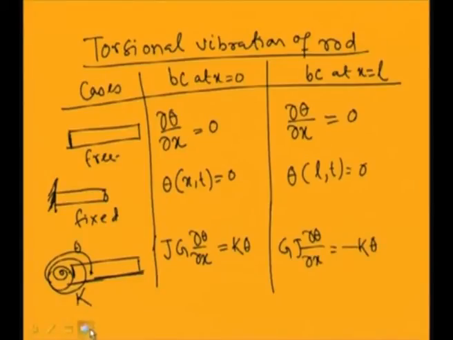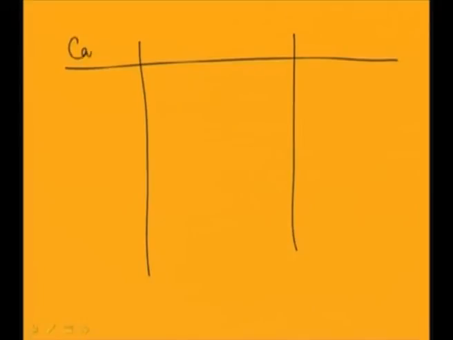And let us see the other boundary conditions at x equal to 0 and x equal to L. When a mass is attached to the rod, let us attach one flywheel at the left end or at the right end.